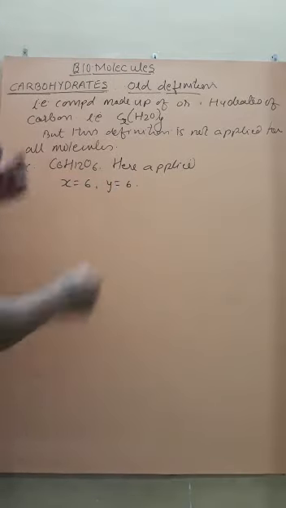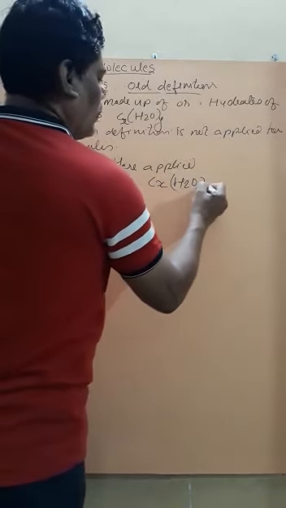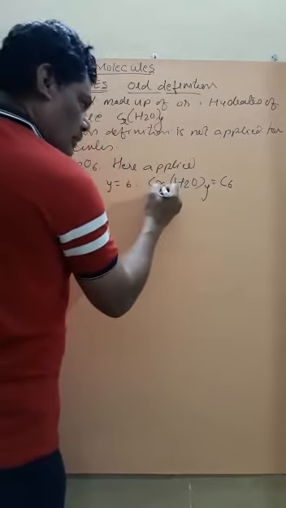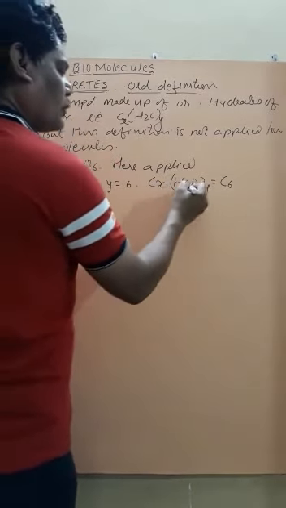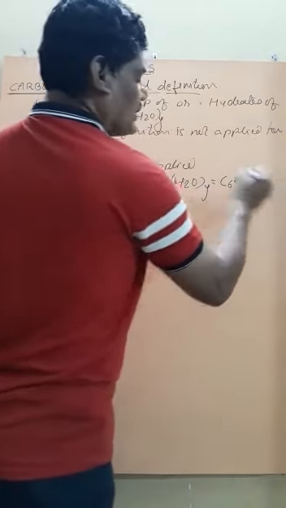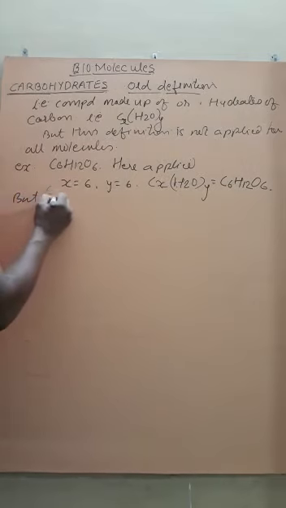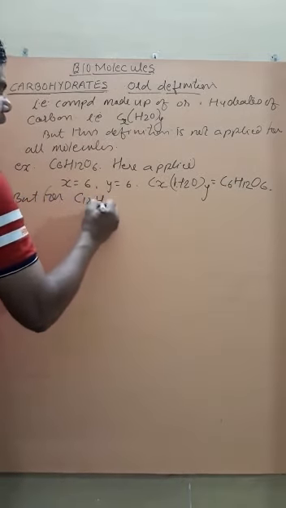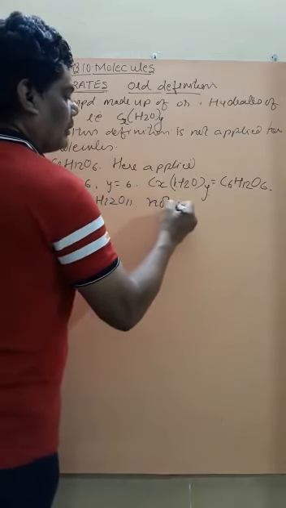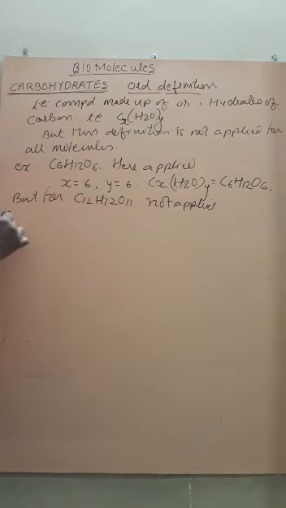Now if you place the values in CxH2Oy, you will get C6, and in place of x and y placing 6, it will become H12 and O6. But for C12H22O11, it is not applied. So a new definition is suggested.